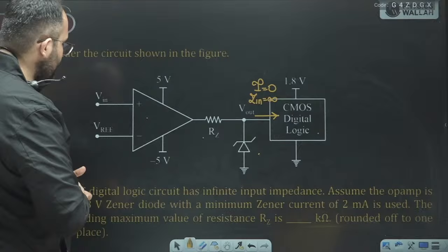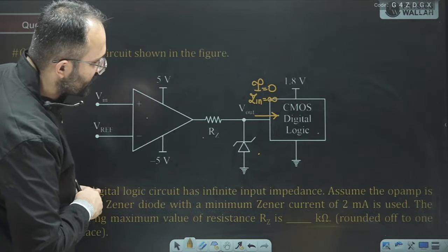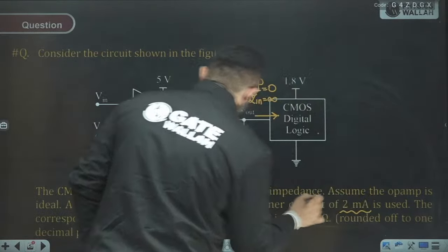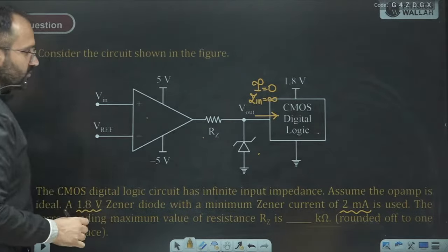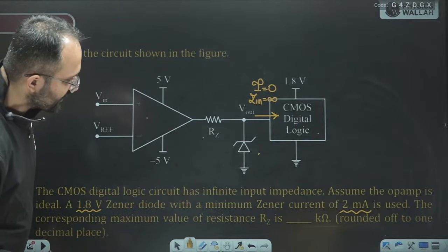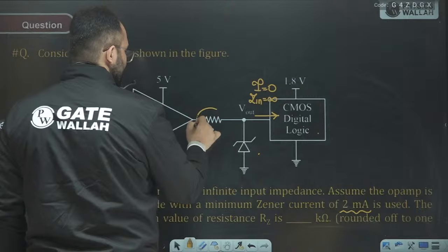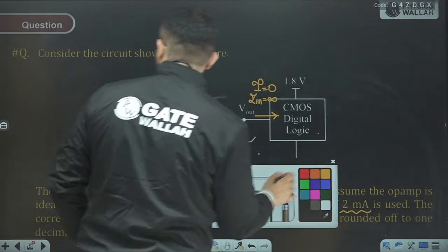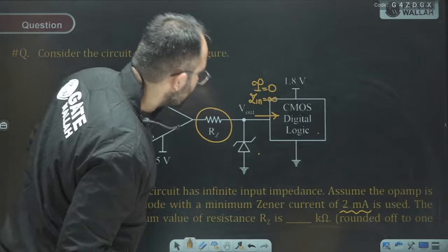A 1.8 volt Zener diode with minimum Zener current of 2 milliampere is used. The corresponding maximum value of the resistance RZ, what should it be?